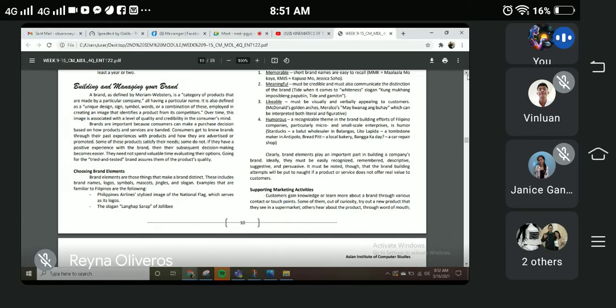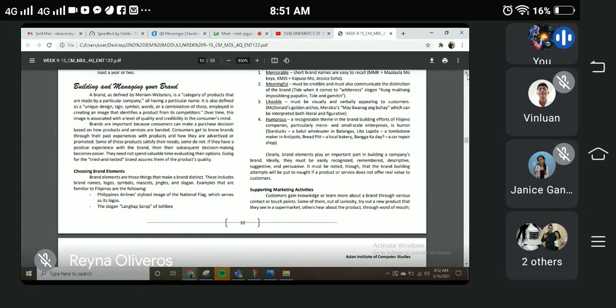'Di ba? It is employed in creating an image that identifies a product from its competitors. Kasi kung walang brand yung product mo, hindi siya ma-compare doon sa ibang product. Kumbaga hindi siya mahihiwalay sa ibang competitors.